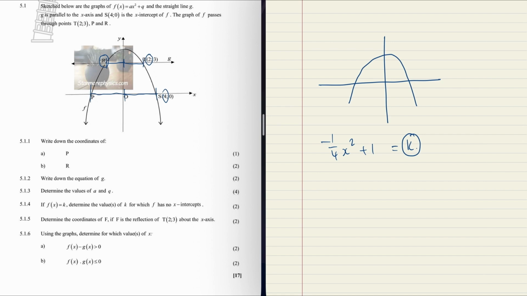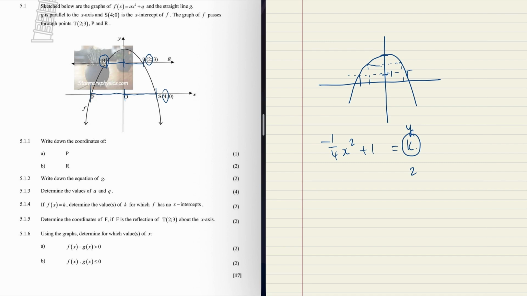Well, let's test. If k is equal to 1, then remember that's like saying y is equal to 1. Will it have an x-intercept? Yes, it will. If k is equal to 2, will it have an x-intercept? Yes, it will. And you can go up and up and you can test. The last value for y or k is 4, because that's my maximum value.